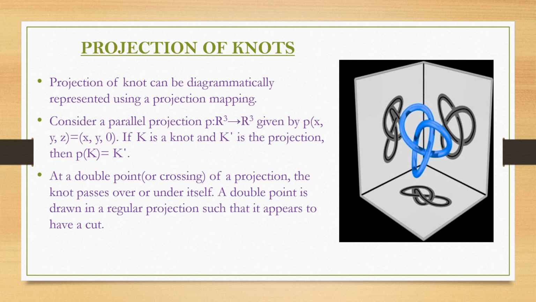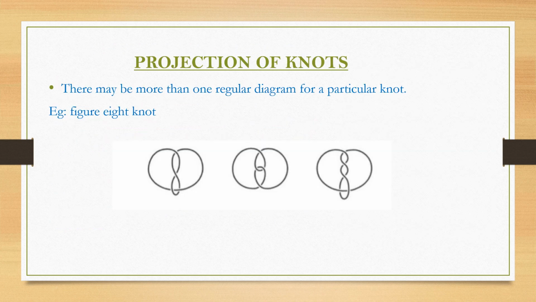So, in order to show that there is an overstrand as well as an understrand, while drawing a regular projection, you denote a double point by giving a cut. Such a diagram is called a regular diagram.